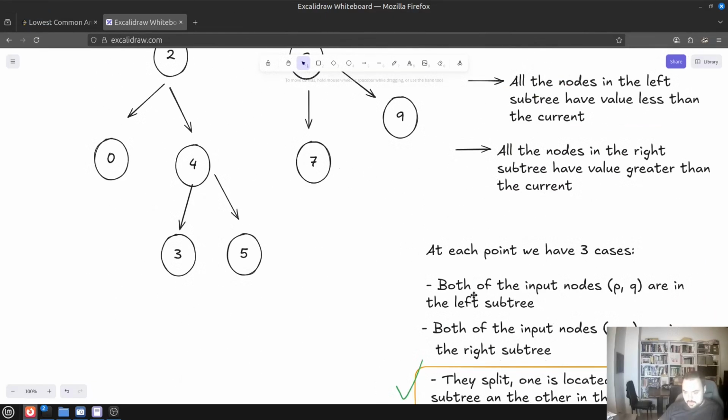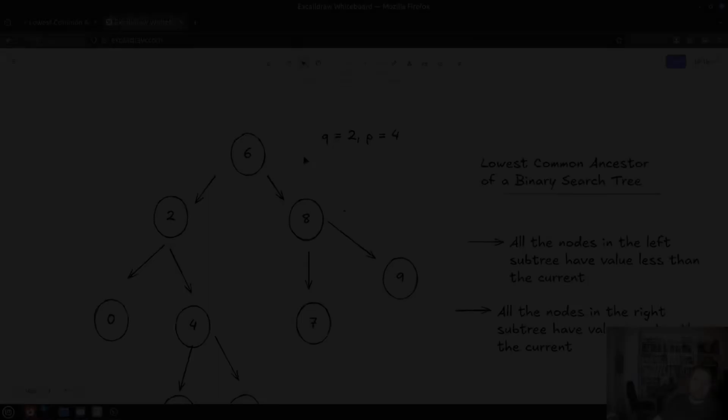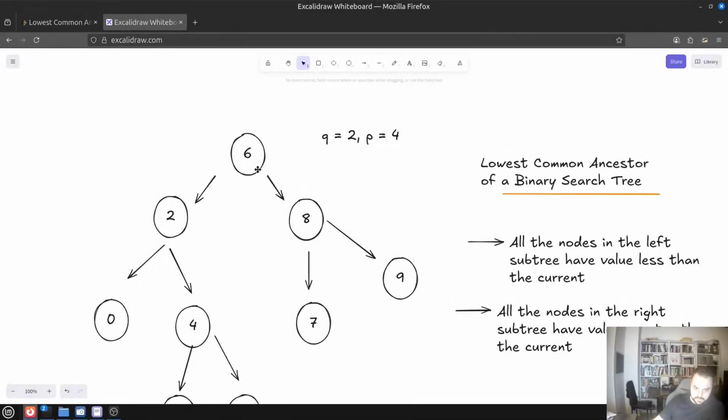And now, using those cases, let's try to do it for those inputs, 2 and 4. In this case, we start, of course, at the top. We have both of them smaller than 6, so we go to the left.